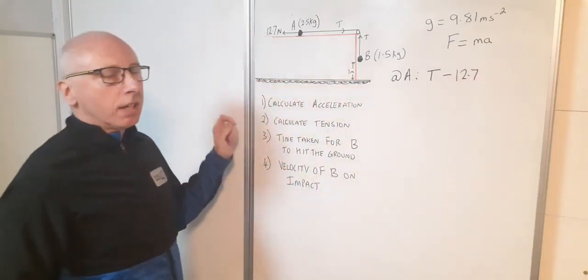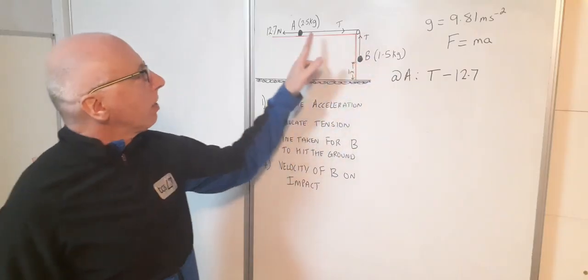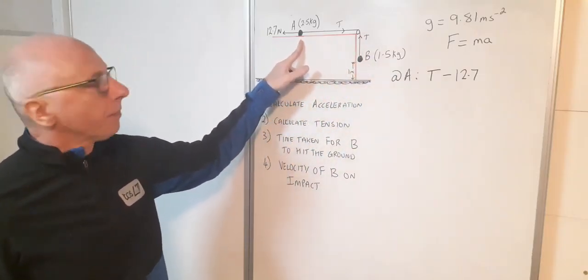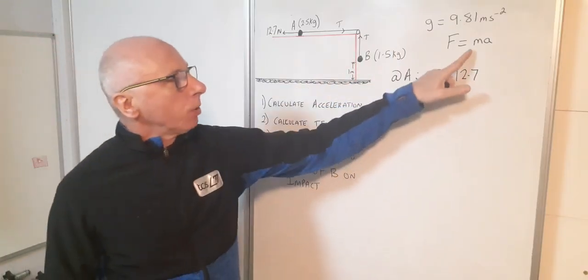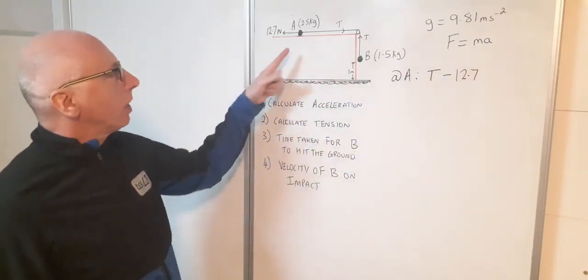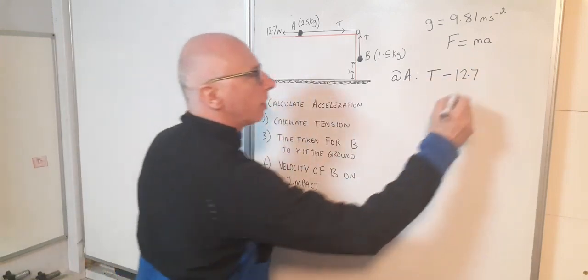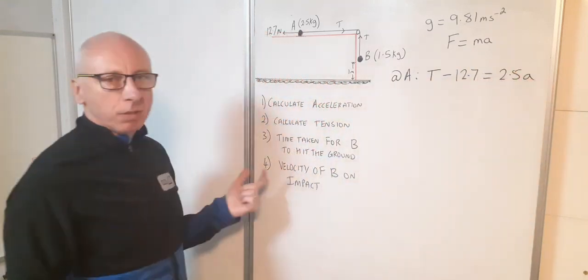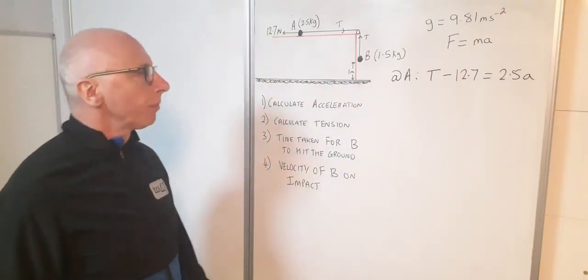We don't need to take into consideration on the left hand side the mass of particle A. Then we set that equal to mass times acceleration, so 2.5 times A. Acceleration we're going to find as part of what we need to do.